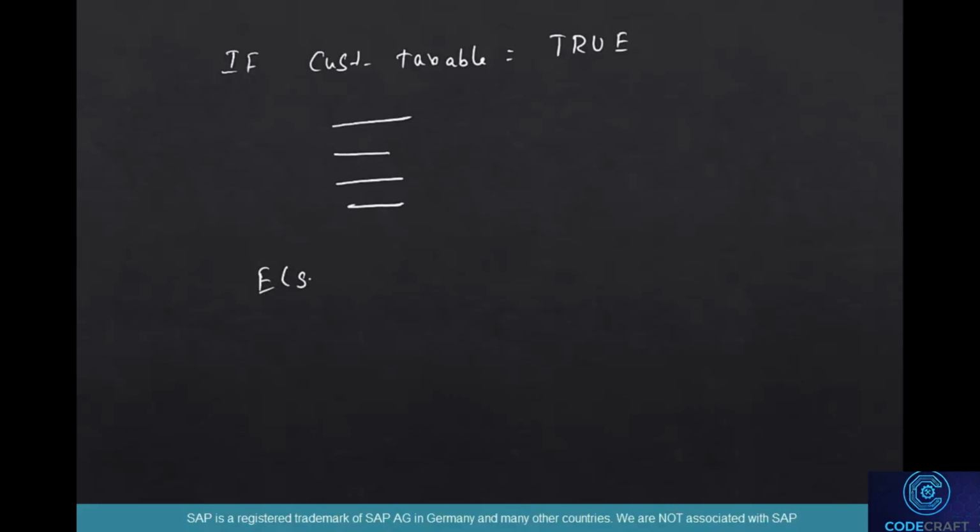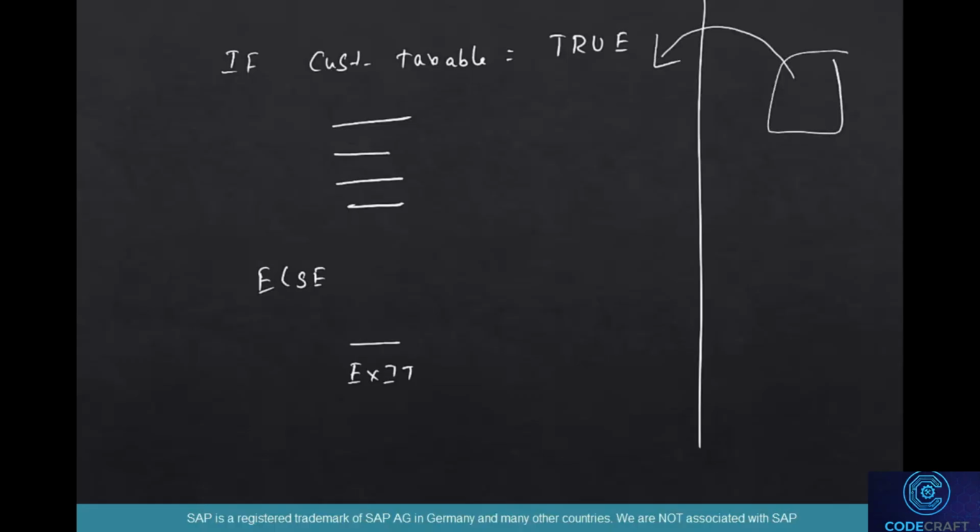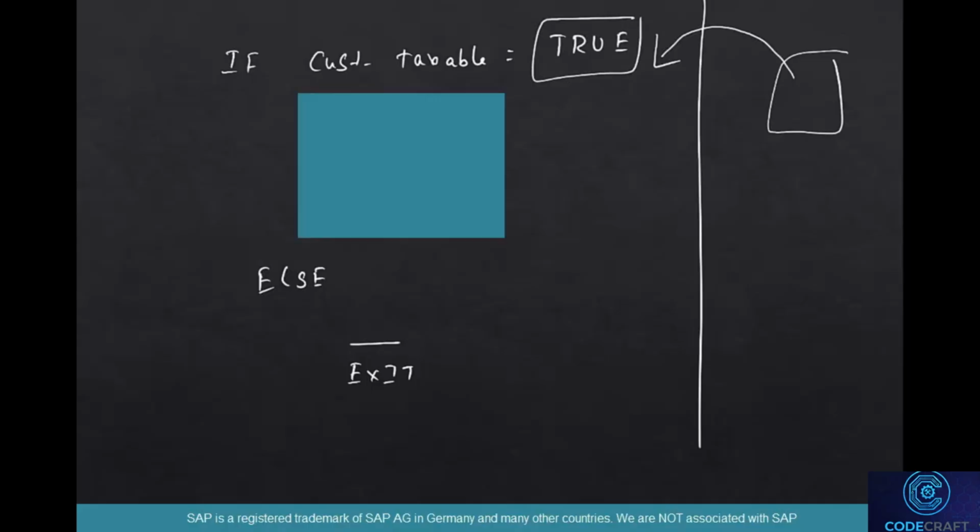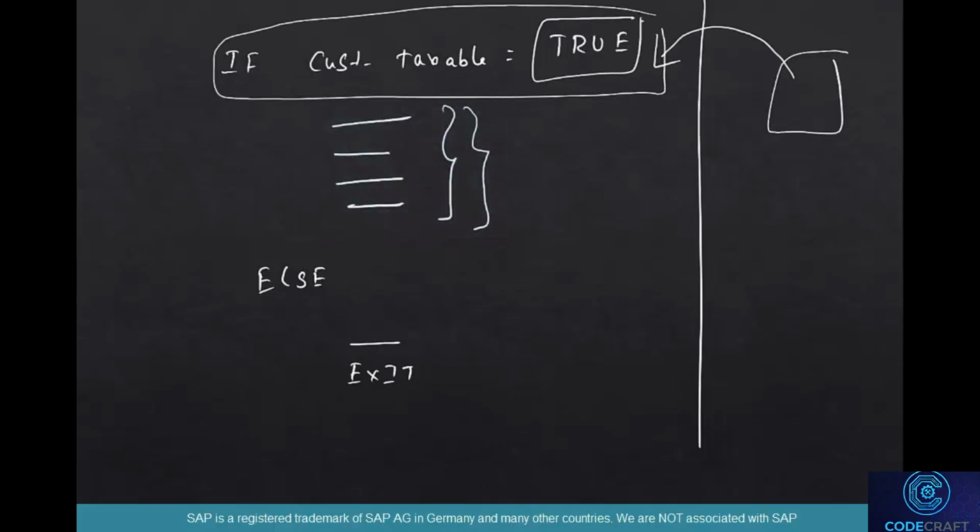Else, exit. Now, when you're testing some things, this system might not be under your control. So you want to simulate a scenario where this is true and then find out what's wrong in this piece of code. So this is the piece of code that you want to debug, and unless this if statement is met or it passes, the code will not come here.